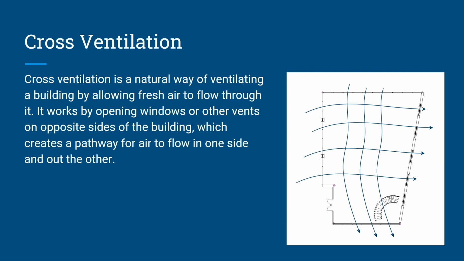It works by opening windows on opposite or adjacent sides of the building, meaning that the air from the north can go through the east windows. So that's what I did. I put windows on all sides, so cross ventilation from opposite ends and adjacent ends is possible. So it maximizes cross ventilation.